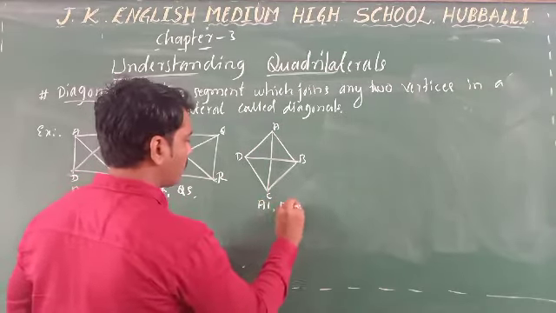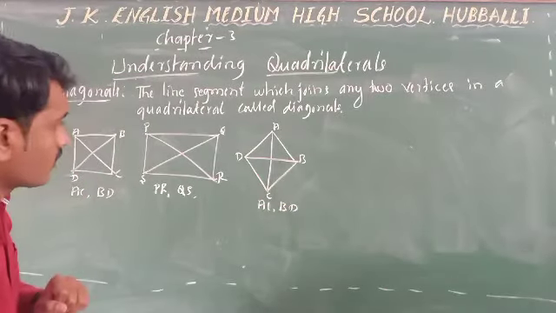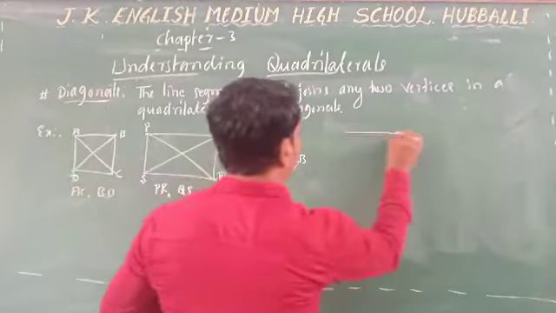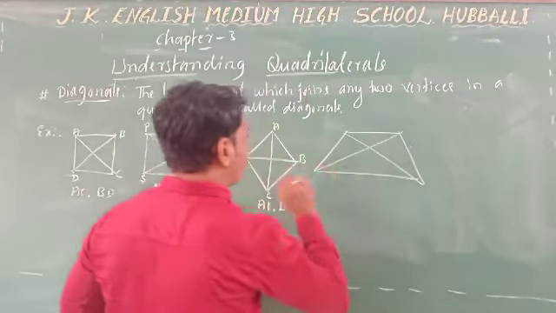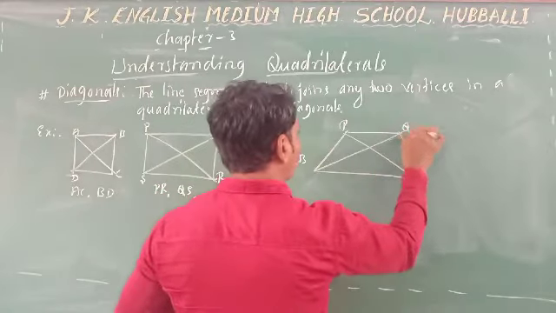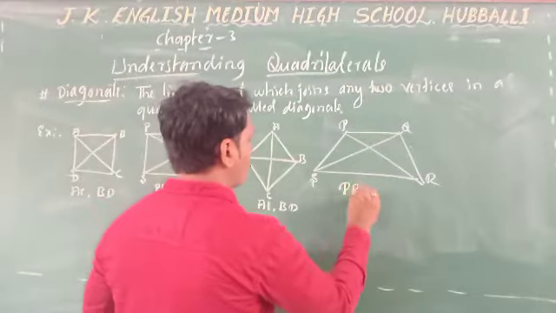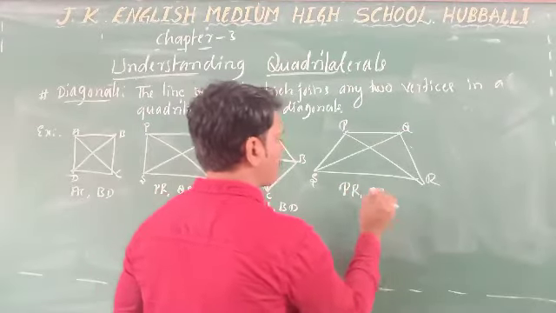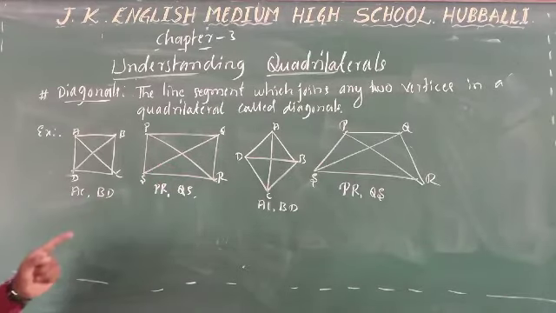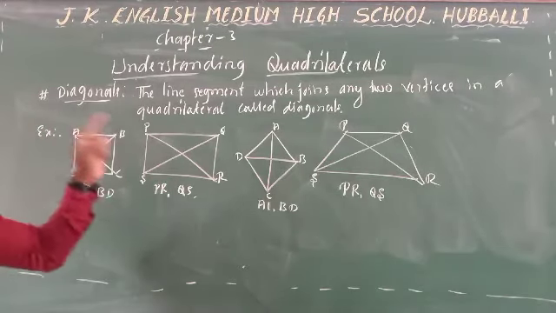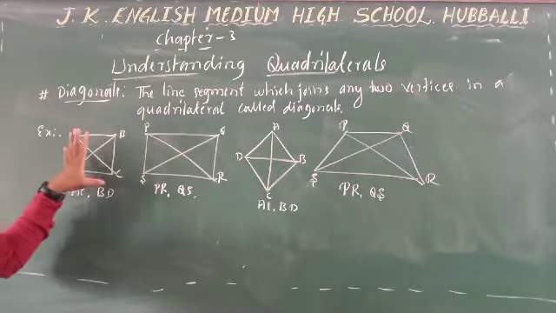AC comma BD. Correct? Okay, shall we take one more, trapezium? So here also P, Q, R, S. So PR comma QS. These two are the diagonals. Understanding? If we join any two vertices in the quadrilateral, it is called diagonals.